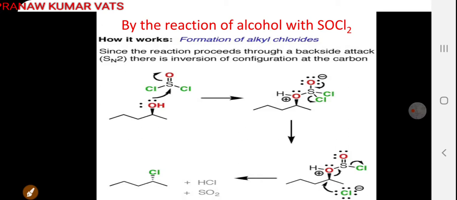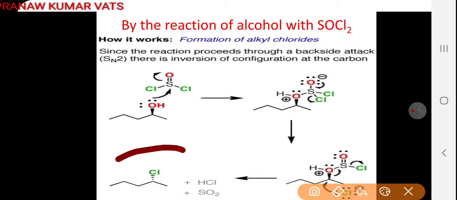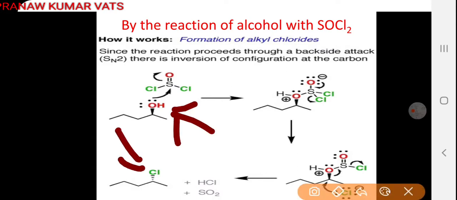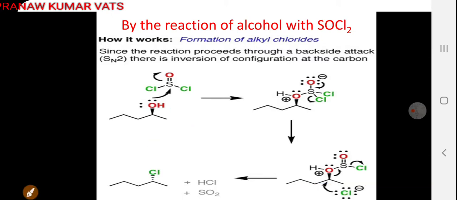So when it attacks from the back side, there is product with inversion. This is our product with inversion. Inversion means you can see here this OH is above the plane, and here this Cl is below the plane. So inversion of product takes place.